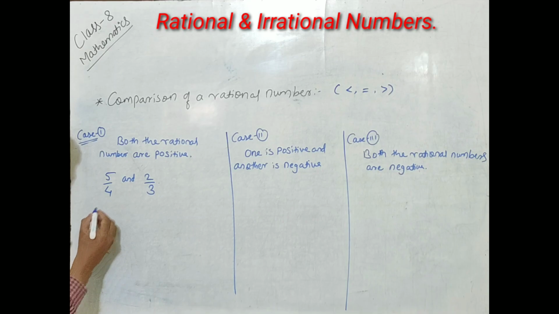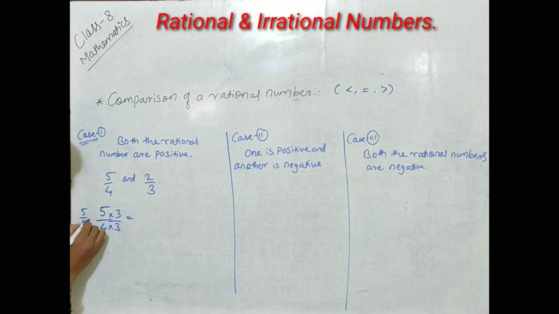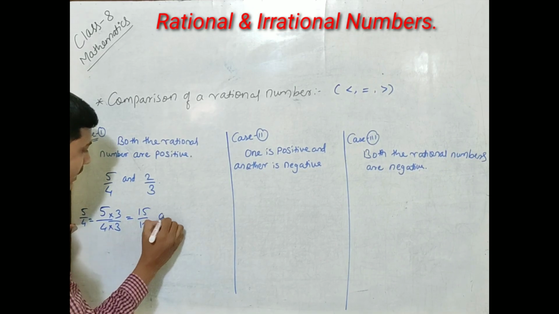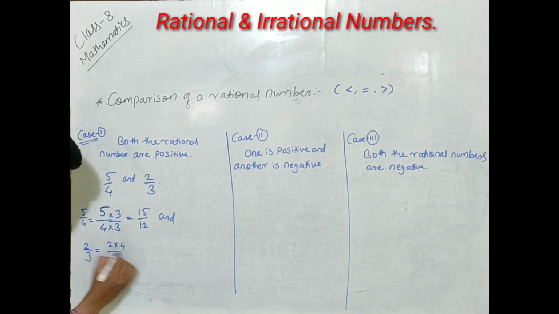So if we multiply 5 upon 4 by 3, we get 15 upon 12. And 2 upon 3 can be given as 2 into 4 and 3 into 4, that is 8 upon 12.